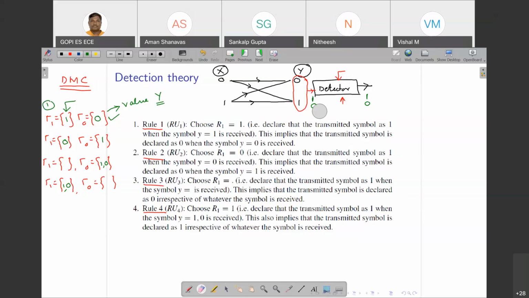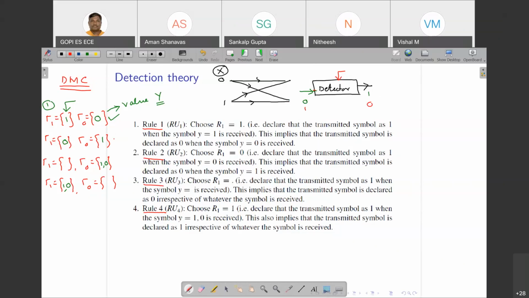But the second case is actually interesting. When you give 0, the detector says 1. When the actual value of y is 1, the detector says 0. It is actually inverted in this case. That is the second case.